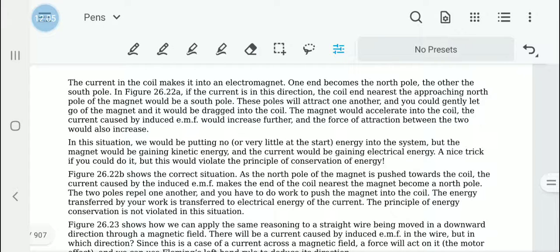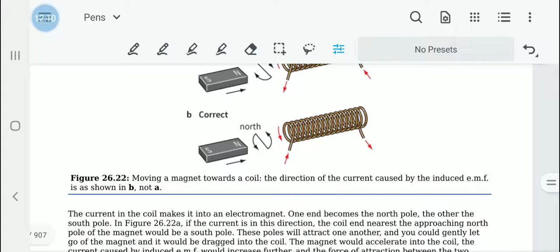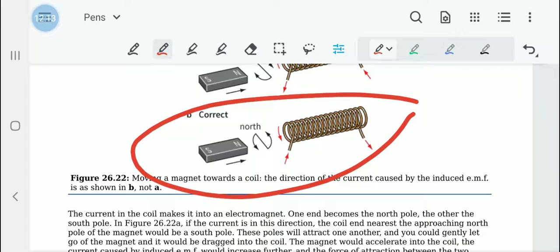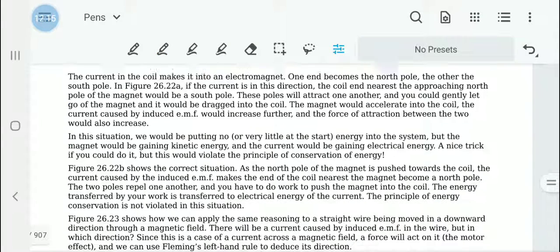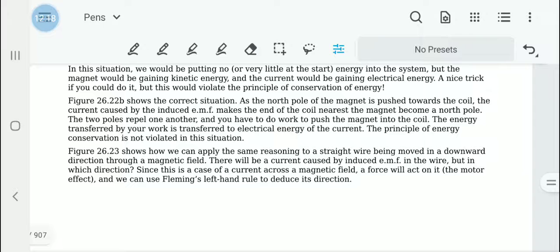So what should happen is in the second situation, this is the correct situation. When we bring it closer, the north pole of the magnet is pushed towards the coil, and the current caused by the induced EMF, as it cuts the conducting wire that generates electricity, makes the end of the coil closest to the magnet a north pole.